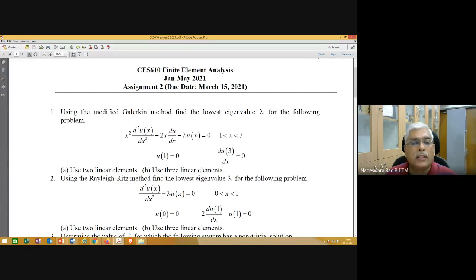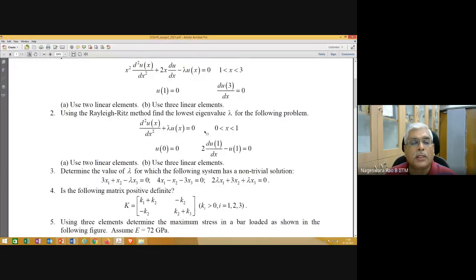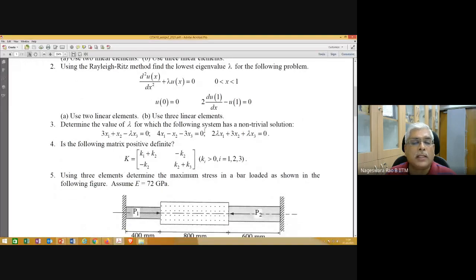Some of those problems are also there in here, so please go through it. And these are simple mathematical problems. You need to go back to your mathematics, and if required, try to solve this.